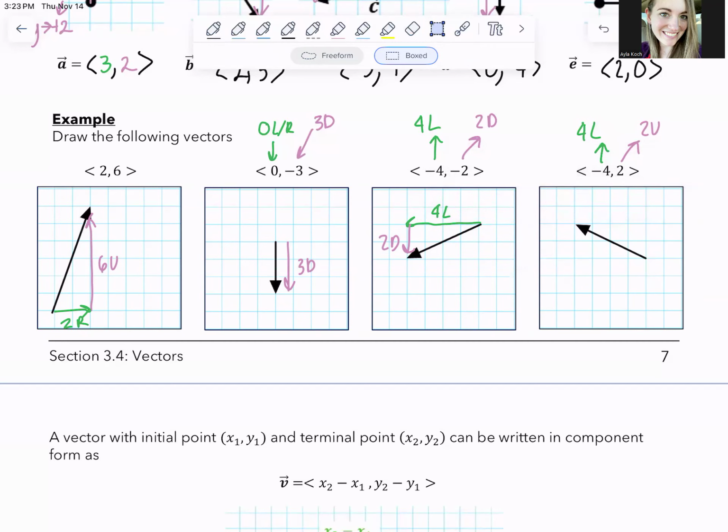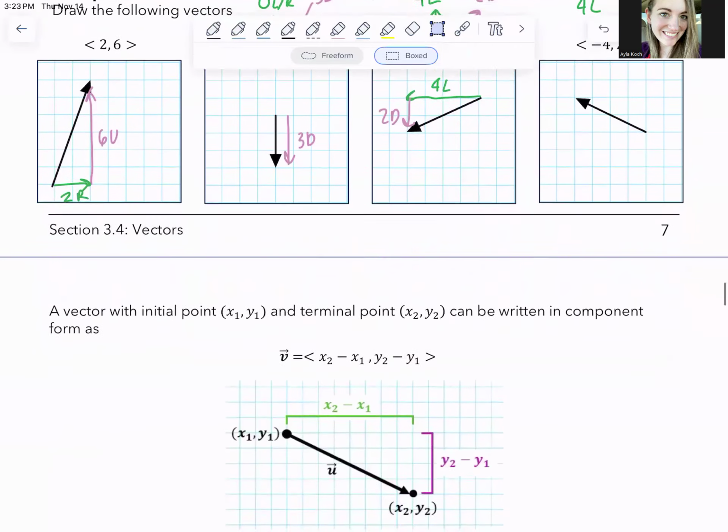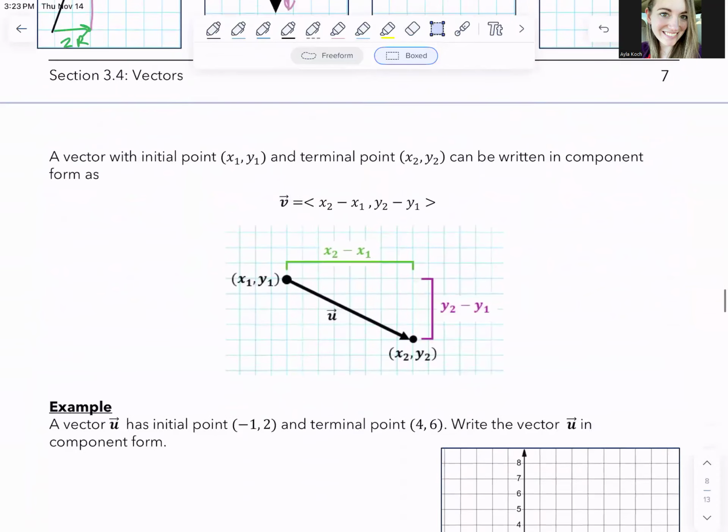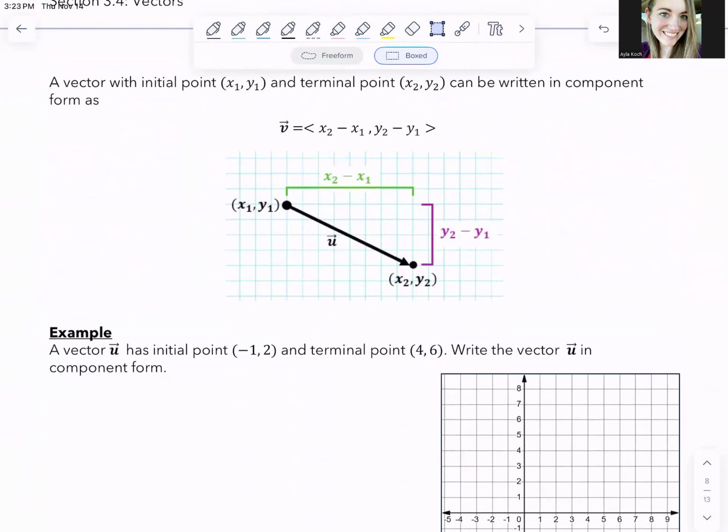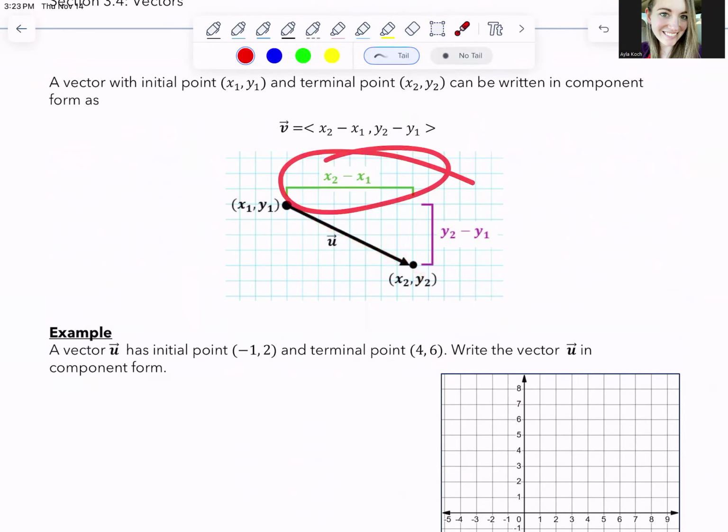All right. So there's drawing those vectors. That's how component form works. You have a horizontal and a vertical component. Now, we can connect it to the coordinate plane by saying, if you have 2 points, then you could find the vector that goes between them. If you have x1, y1 and x2, y2, the horizontal distance is x2 minus x1.